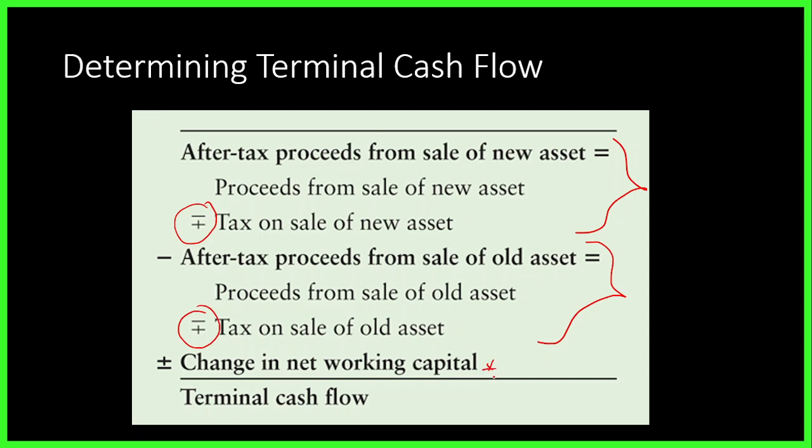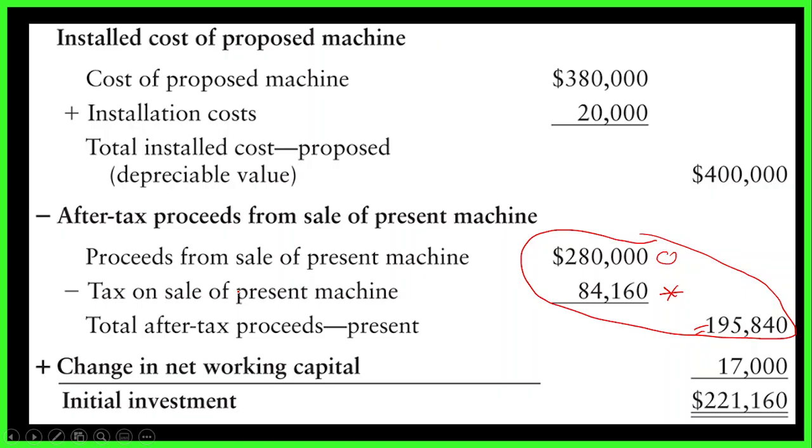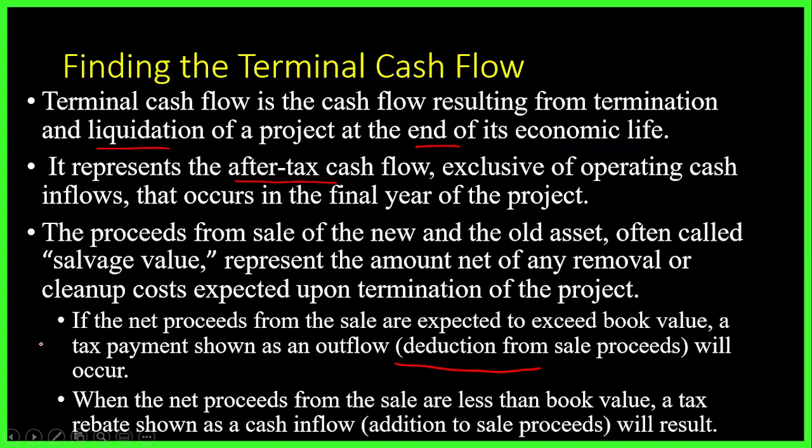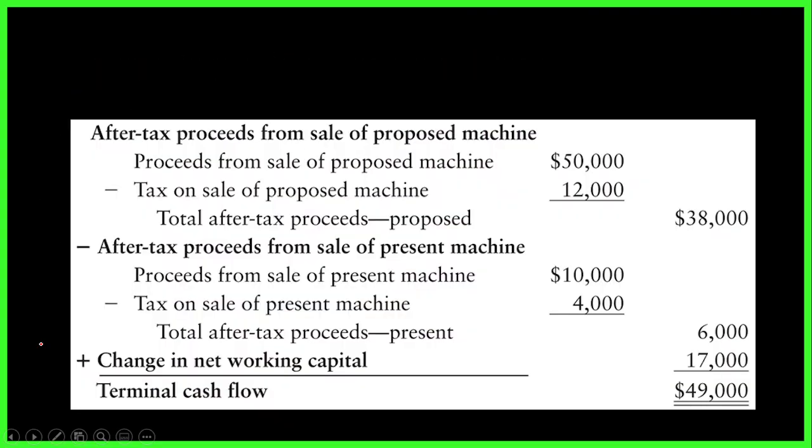Okay, so balik na tayo dito sa working capital. May question kasi, Sir, yung kanina, yung 17,000, let's go back. So, etong 17,000 na to na dinagdag natin doon sa initial investment. How come, when we compute for the terminal cash flow, idadagdag na naman siya? O di parehong dinagdag na. Akala ko ba dagdag sa umpisa?